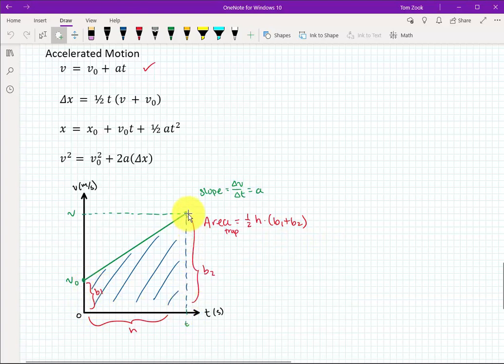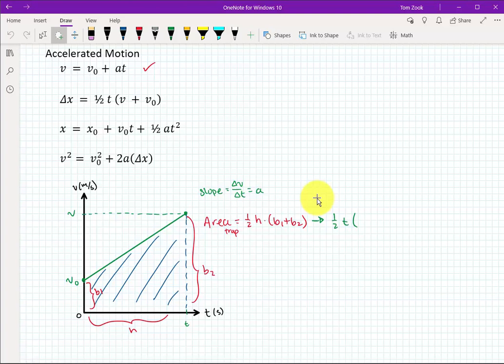So if we translate this into graph speak, we would have 1/2 multiplied by the time that we're looking at, times base 1 plus base 2. In the equation up above, you can see that I swapped the order, by the commutative property of equality for addition.